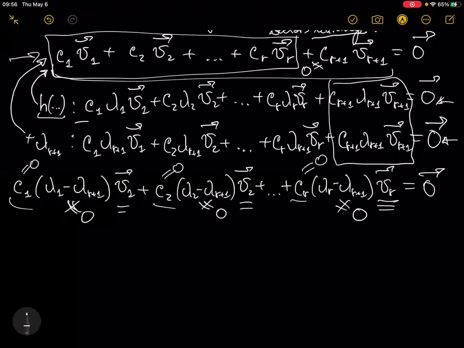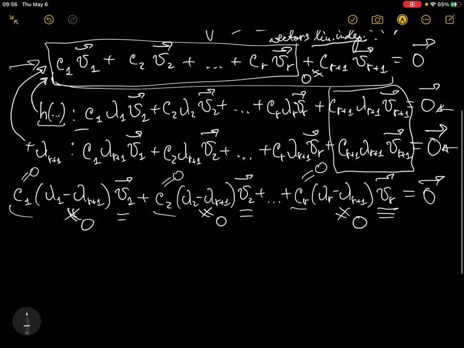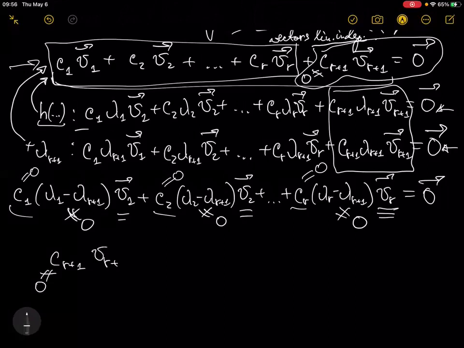Okay, great. But if all first R coefficients are zeros, then from here it follows that CR plus 1, pay attention, which is not equal to 0, right? VR plus 1 equals the 0 vector. But we know that an eigenvector cannot be the zero vector. It's by definition a non-zero vector. So then we got a contradiction.